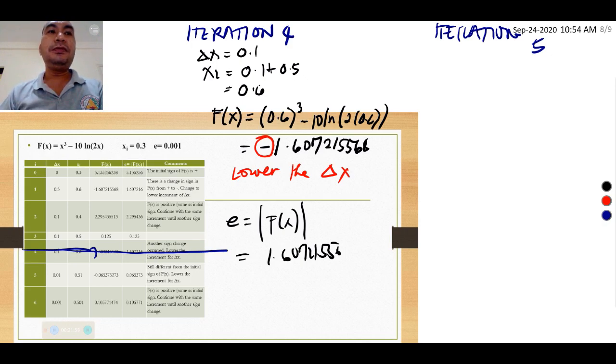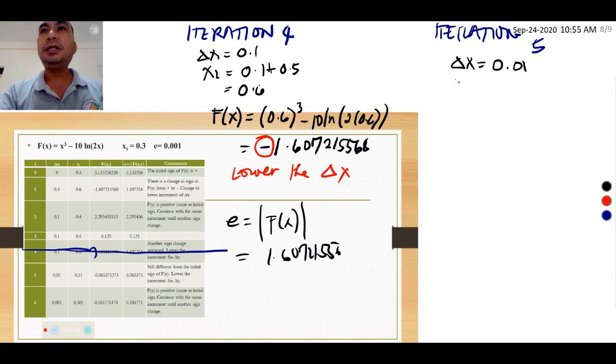For iteration 5, we will lower the delta x from 0.1 to 0.01. So we will lower it again by a hundredths. So 0.1, 0.01, 0.001, and so on.